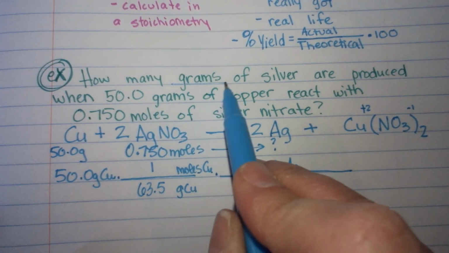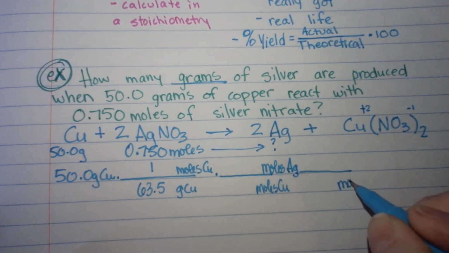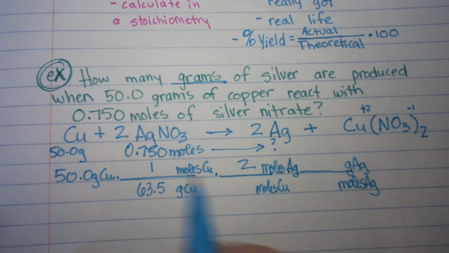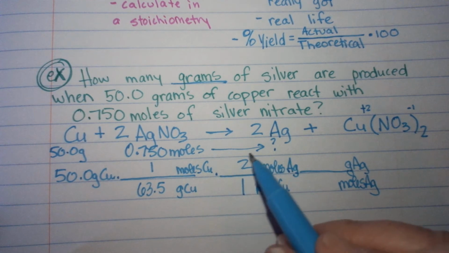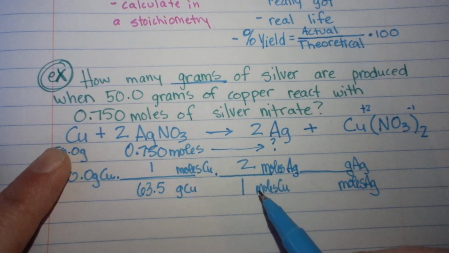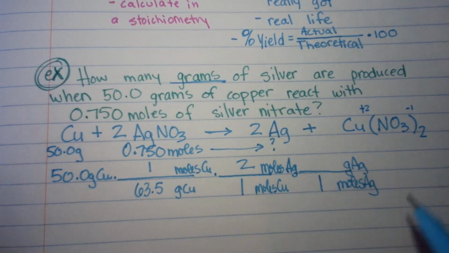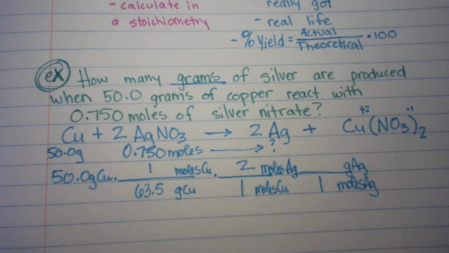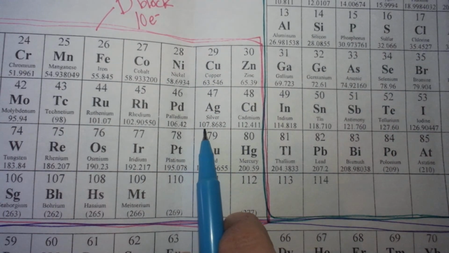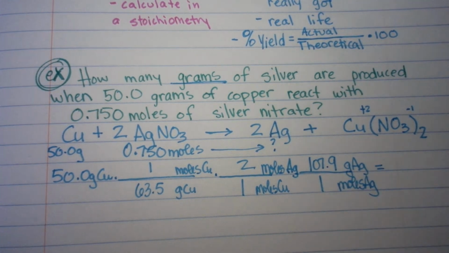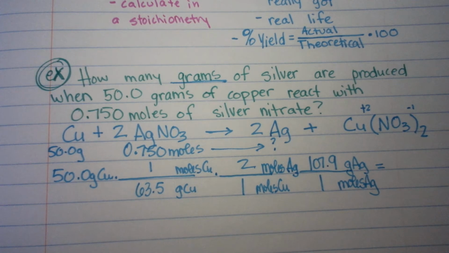And my question does ask me for grams. So I need to go one more step. Okay. So here's my mole to mole ratio. In my balanced chemical equation, I have a coefficient of 1 on copper and a coefficient of 2 on silver. I'm going to come back to my periodic table to find the mass of silver. 107.86, so 107.9. Alright, so calculate that out.